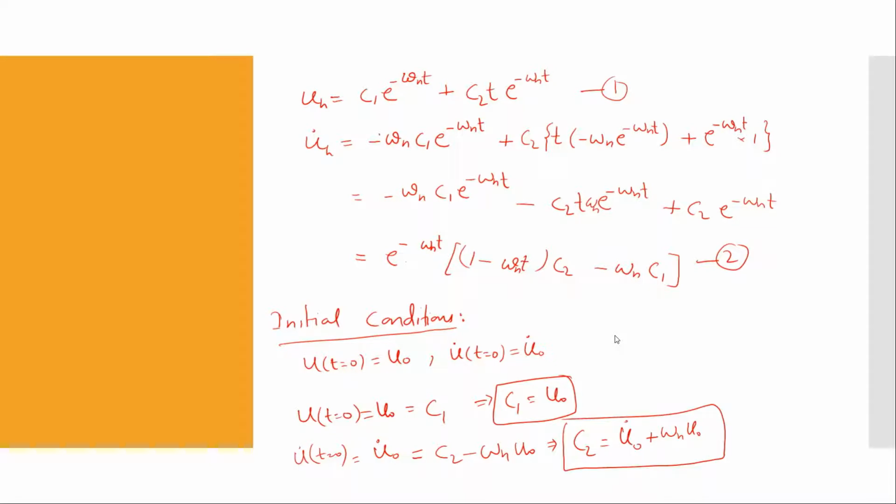So therefore the final solution we can have as u of h is equal to c1 is u naught, so u naught into e to the power minus omega n t plus c2 is u dot naught plus omega n into u naught multiplied by t into e to the power minus omega n into t.